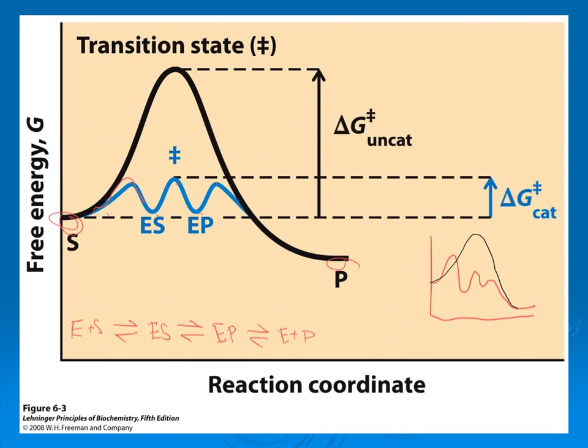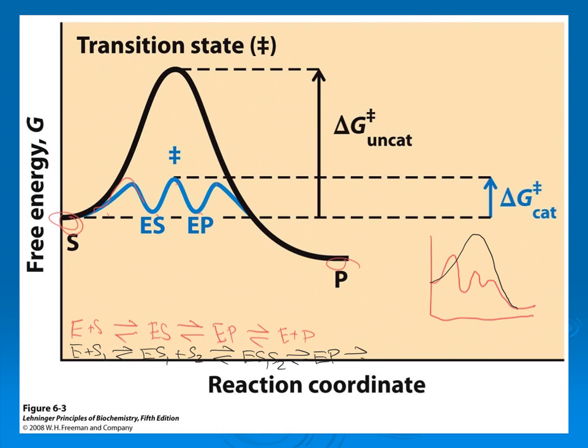There are some mechanisms that become more complicated. For example, what if you have E plus the first S that has to bind, which then has to bind another, different substrate, which then makes the product. This is a combination, like when you're taking two smaller things and making them together.